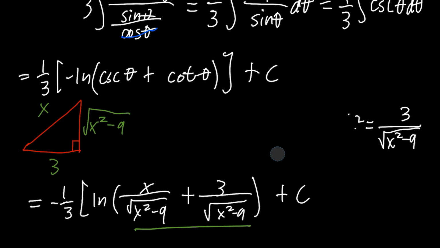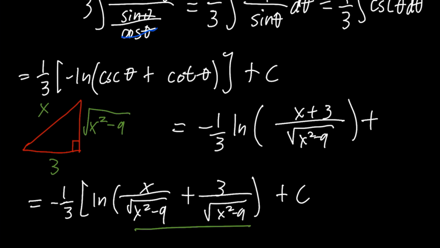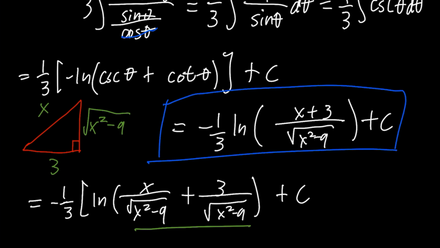Let me just erase this one because I don't have any space left. And let me simplify our final answer as negative 1/3 ln. Then let's combine the two. So this would be equal to x plus 3 all over the square root of x squared minus 9, plus c. So that's the answer to the problem.